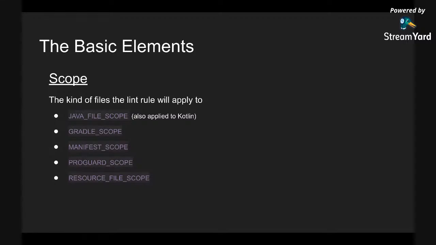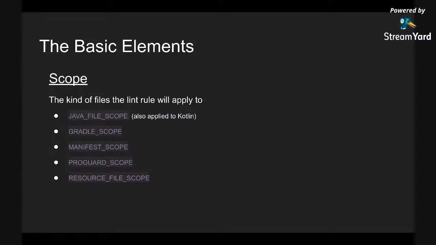It would be very expensive if lint ran your checks on every type of file that is in your code base. And that would be a performance issue as well because you can have a lot of such files. So by using scope, you narrow down the number of files on which the lint checks need to be applied. So you have a Java file scope, Gradle scope, manifest, ProGuard, resource file. These are just some of the scopes.